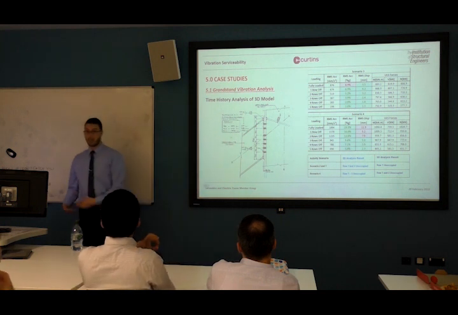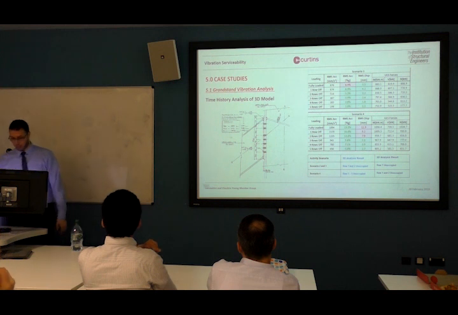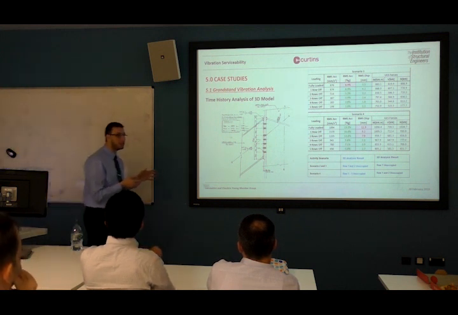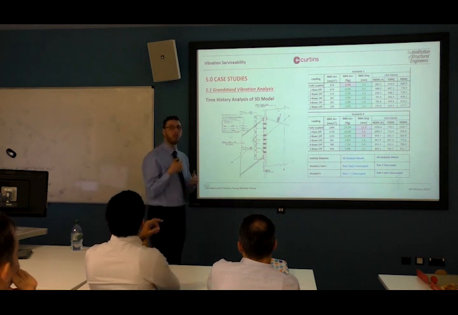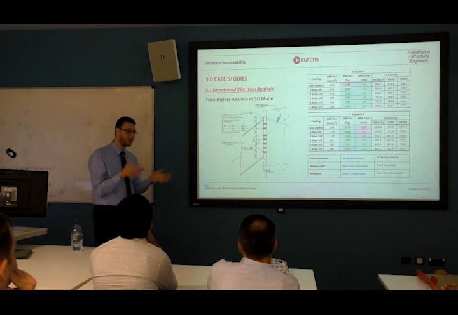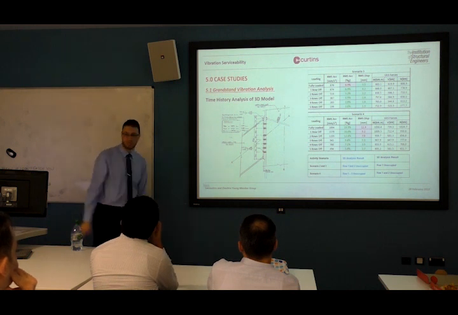So this is a very ultimate limit state check, and based on the ultimate limit state we decided how many rows we need to net off. So in this case the problem was not the serviceability, it was the ultimate limit state.